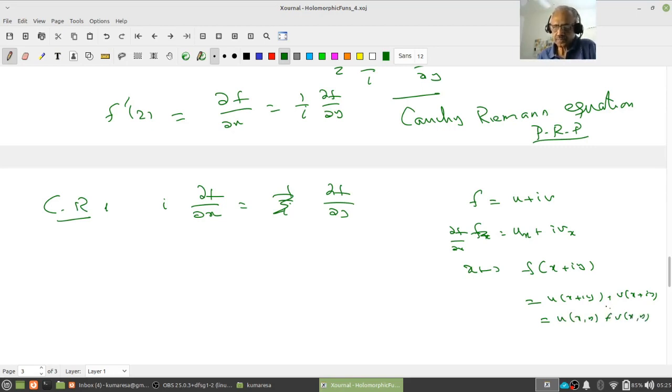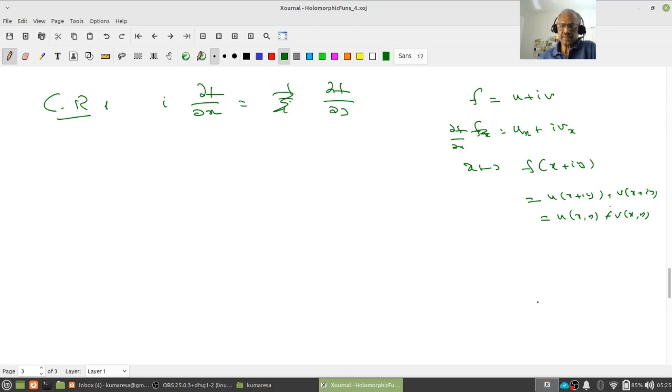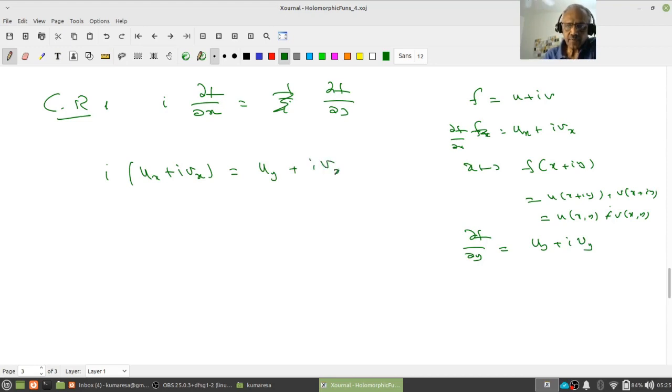Therefore this means i times (u_x plus i v_x) should be equal to, and similarly del f by del y will be u_y plus i v_y. This is i times u_x minus v_x should be equal to u_y plus i times v_y.